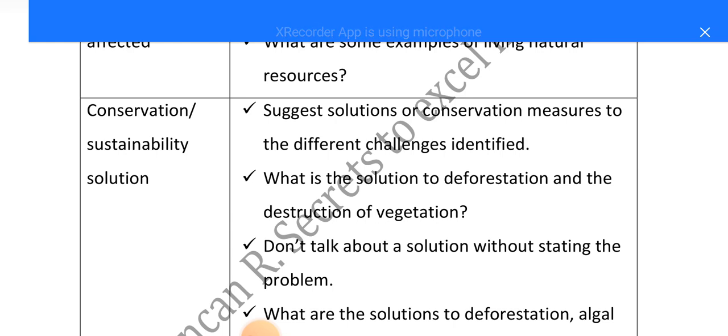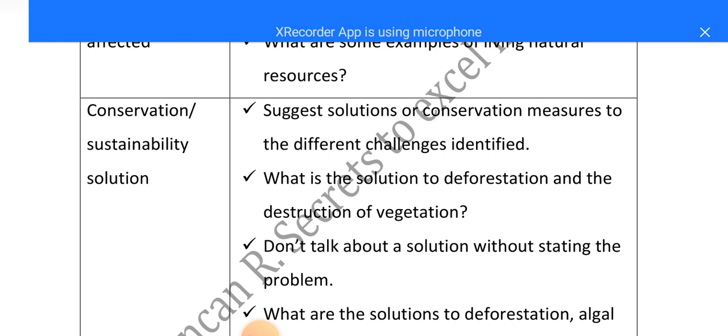Now they are saying conservation and sustainability solutions. Suggest solutions or conservation measures to the different challenges identified. So what you have identified in the other part is what you give solutions to. Then the other one is the solution to deforestation and the destruction of the vegetation.